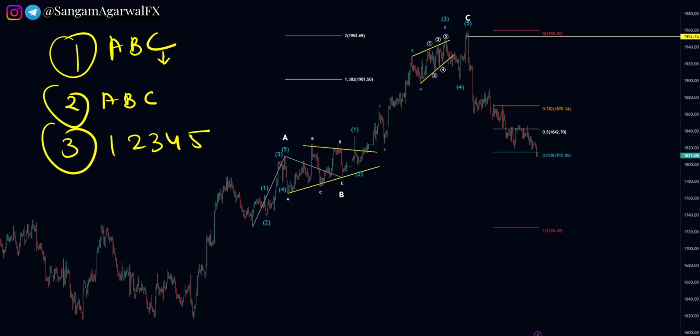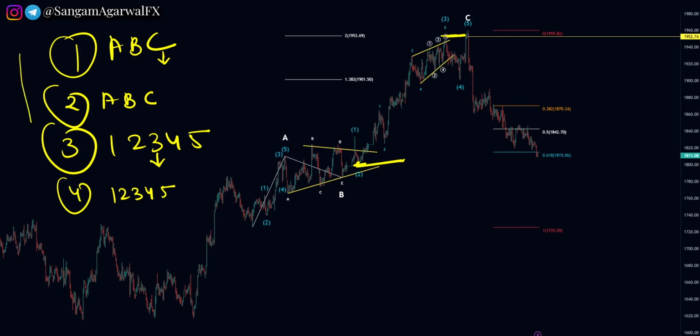And if you focus again, then from this bottom to top, the third wave was again subdivided into lower degree 1-3-5 impulsive wave.